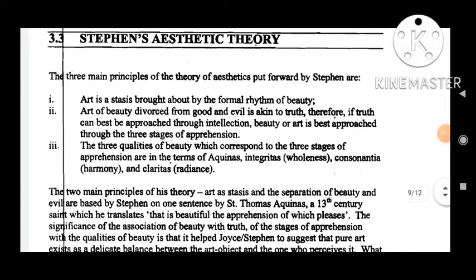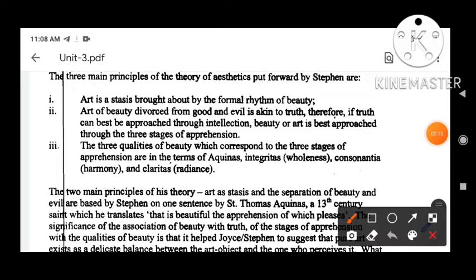So here is the main key point, you can note down. Art is a stasis brought about by formal rhythm of beauty. Art of beauty diverged from good and evil is akin to truth. The three qualities of beauty which correspond to the three stages of apprehension are integritas, consonantia and claritas.